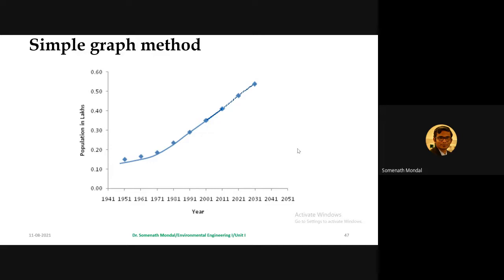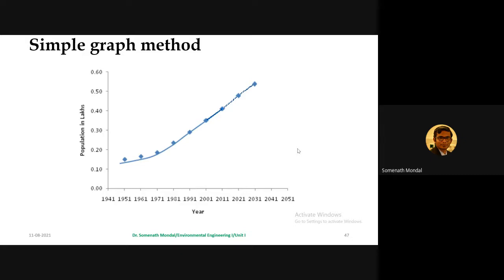Another very important point which needs to be kept in mind while using the simple graph method is that while extending the curve to get the predicted population in the future decades, the curve which we extend can be compared with the population curve of some other similar cities which have similar kinds of growth conditions.